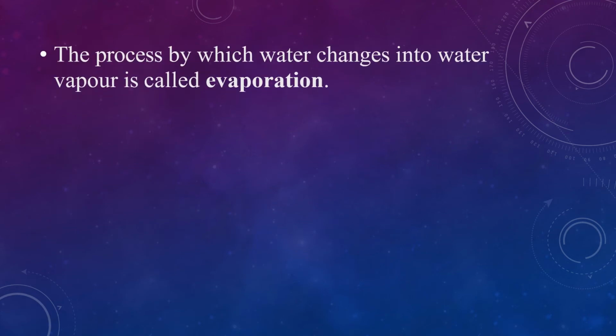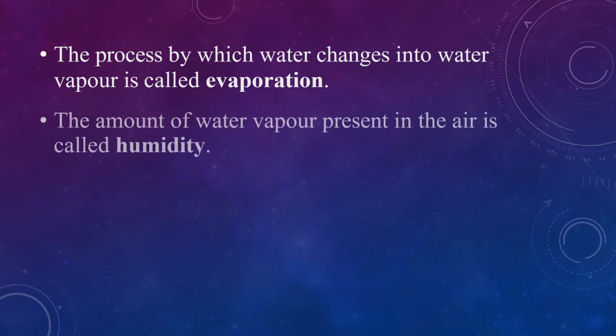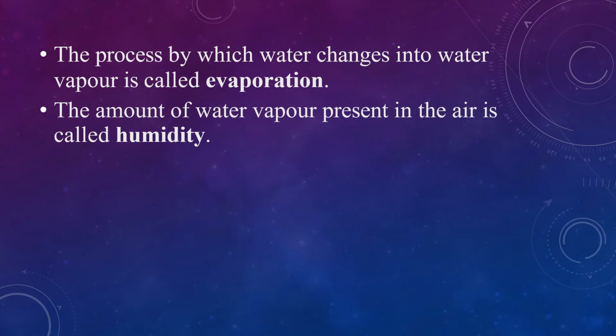With the help of this example, we have come to know the process of evaporation, the process by which water changes into water vapor is called evaporation. And what is humidity? The amount of water vapor present in the air is called humidity.